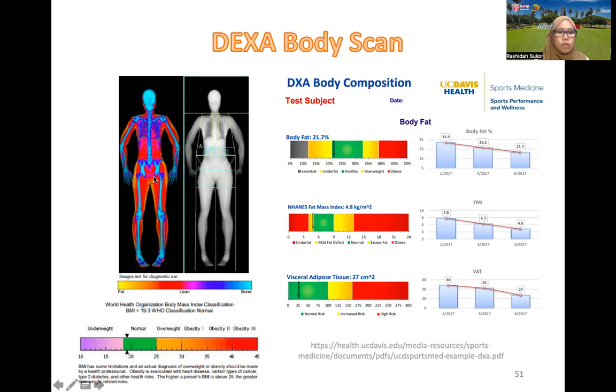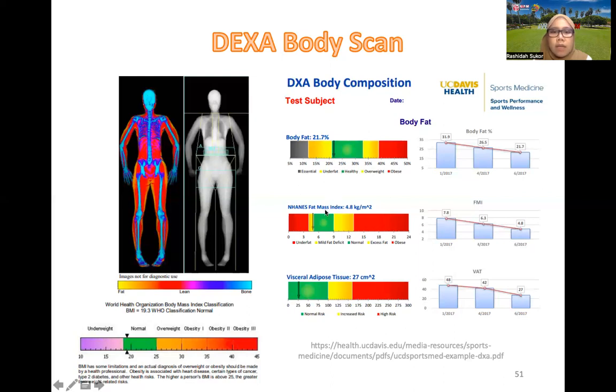The yellow color is the fat mass. The red color is the lean mass, and the bones are the blue color. This lady has a BMI of less than 20, which is considered normal. This is the DXA body composition. The body fat is about 21.7%, which is considered very healthy.